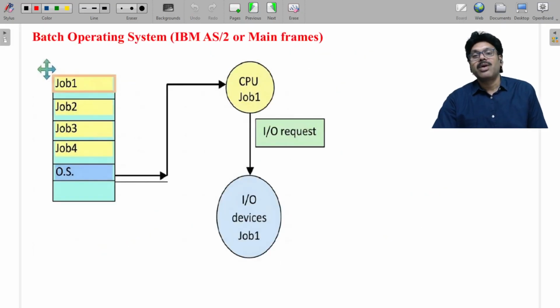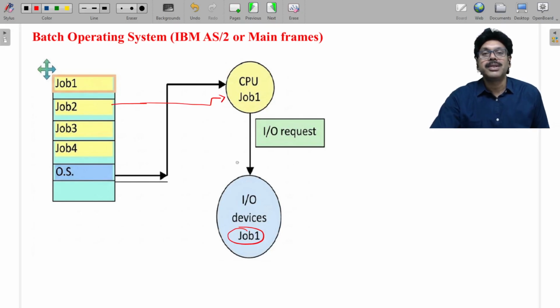So to avoid that problem, they introduced an extension to the batch operating system, which is known as the multiprogramming OS. This is how it looks. Whenever job 1 is with the CPU, and if the job needs any IO, it comes here, and you can't place job 2 because job 1 is not yet completed.